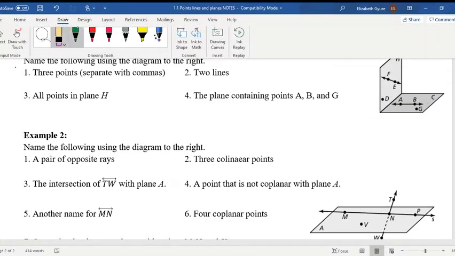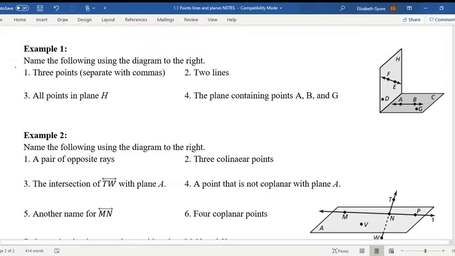So first thing we're being asked to do is identify 3 points. And I made a note for you to separate them with commas, because if you don't have nice spacing, 3 points could look like you're naming a plane. So we just need to name any 3 points. So look for 3 dots and write down the letters next to those dots, and it's that simple. I'm actually going to write down all of the points so that you guys know which ones are possibilities.